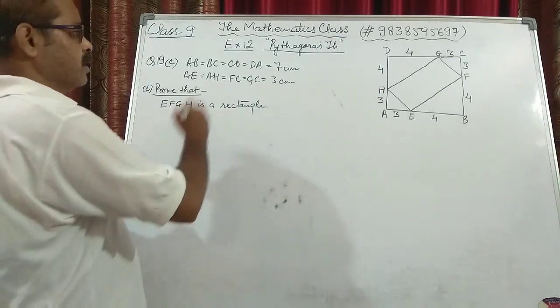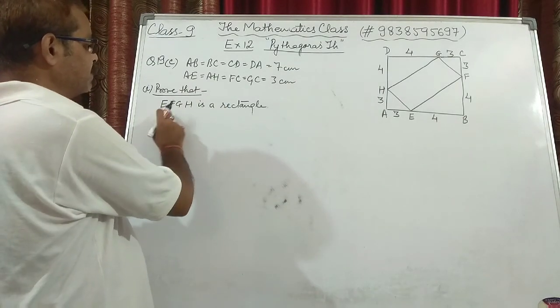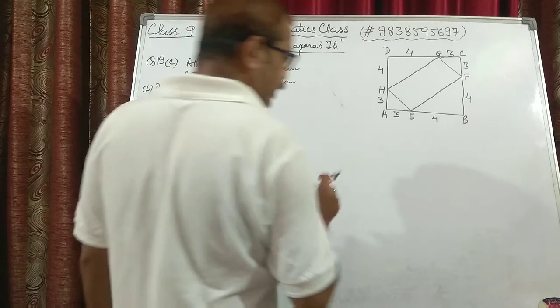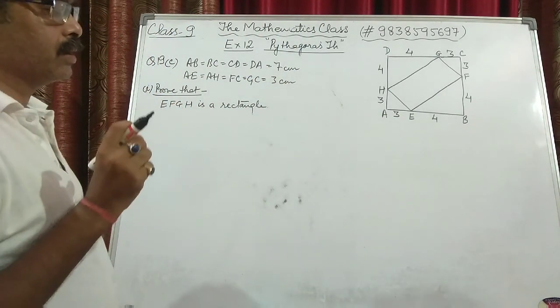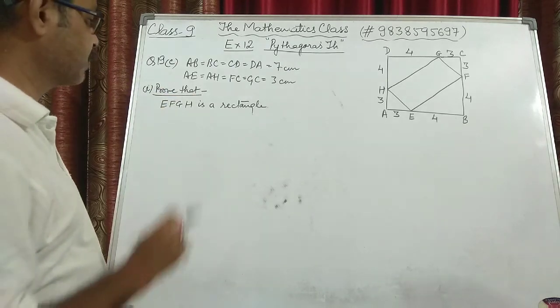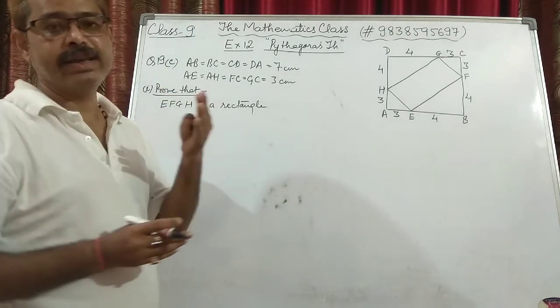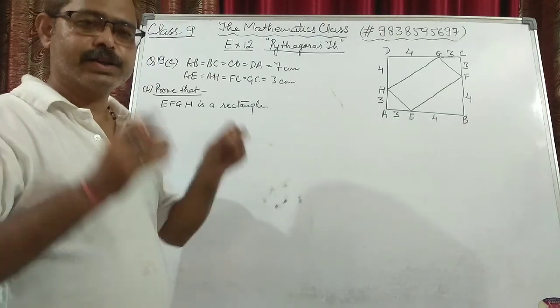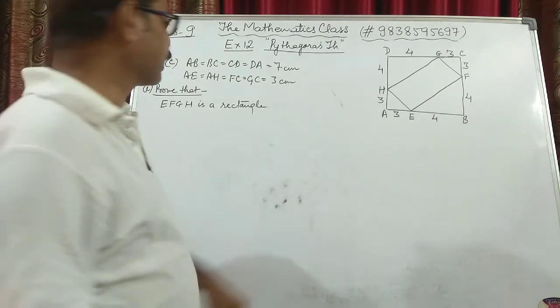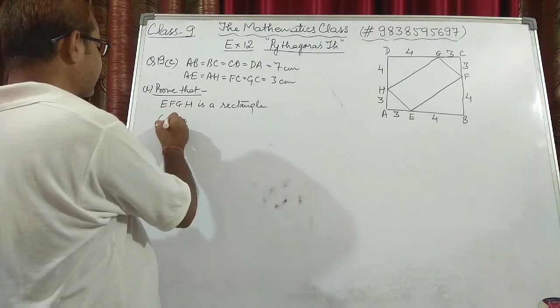So first of all you have to prove EFGH is a rectangle. To prove that EFGH is a rectangle, we need to prove that all its angles are 90 degrees. Why? Because in any quadrilateral, if all the angles are 90 degrees, it is for sure a rectangle. That is the definition of the rectangle.